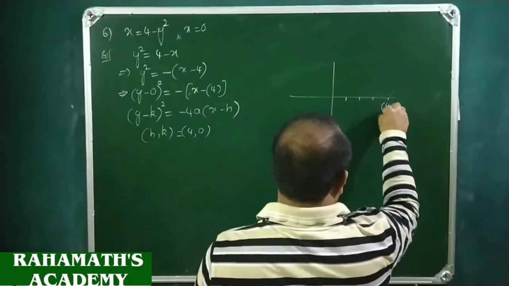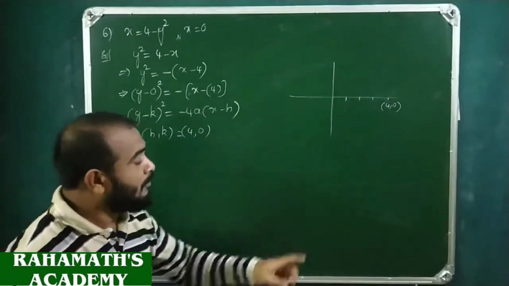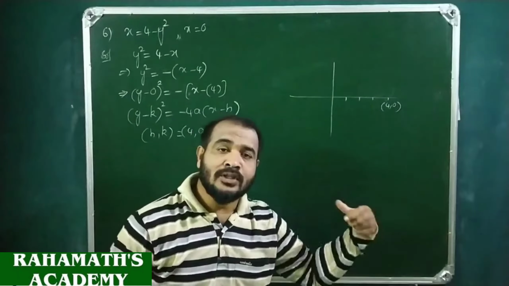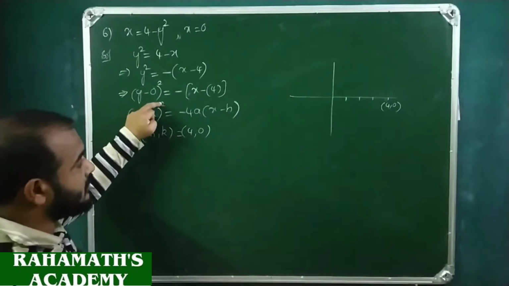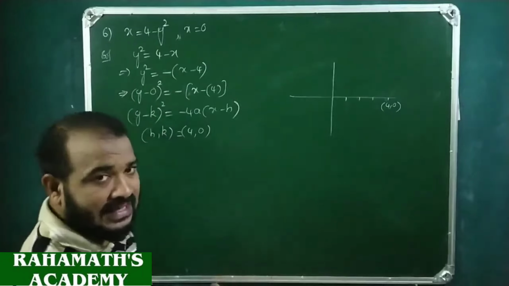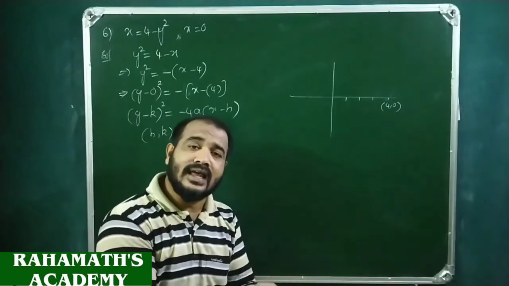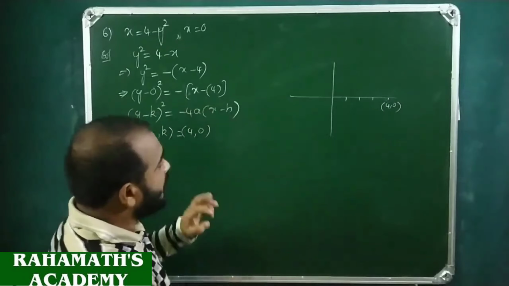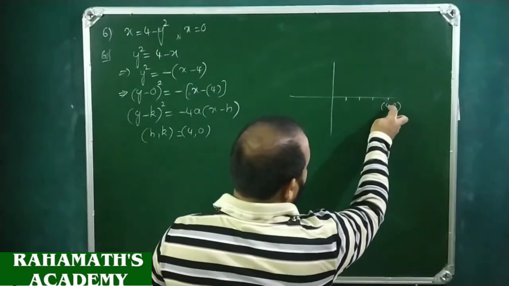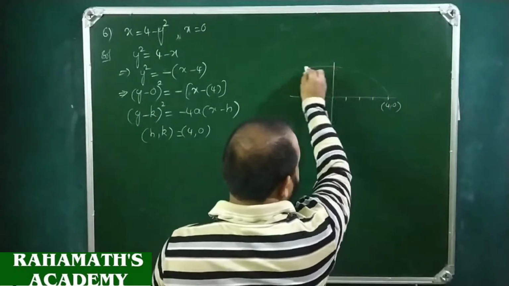With 4 comma 0 as the vertex, y power is even, so it is symmetric about the x axis; the x axis acts like a mirror, and the parabola opens in the negative x direction.